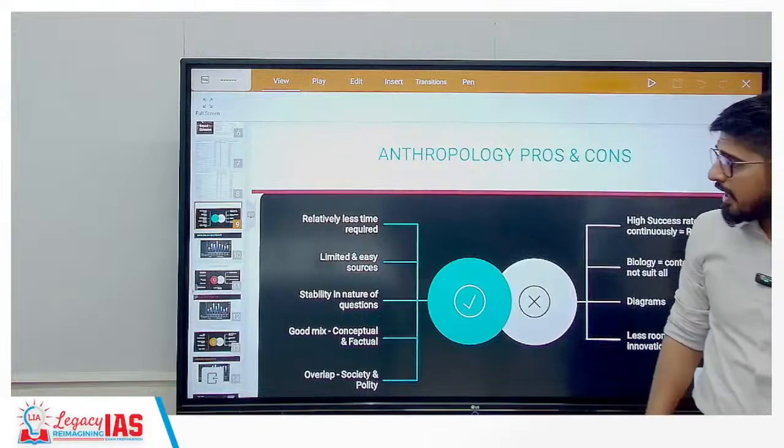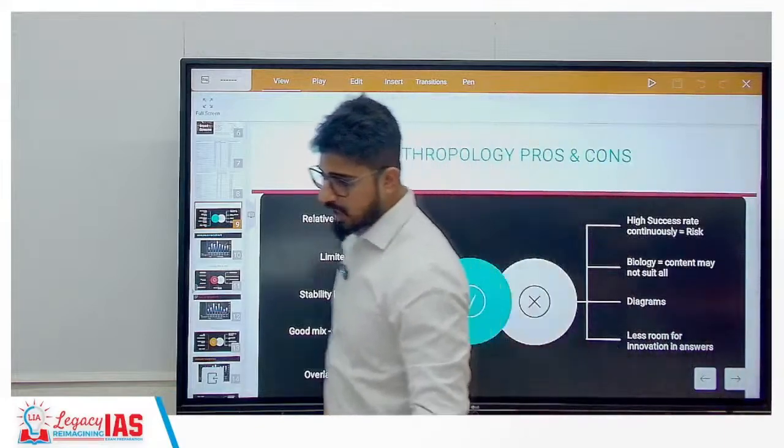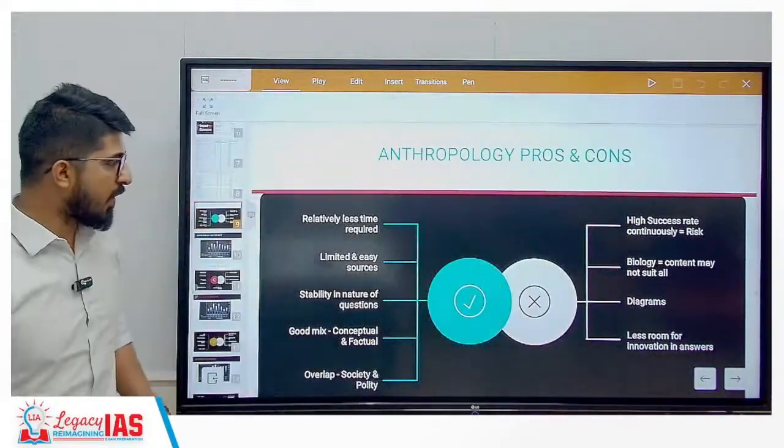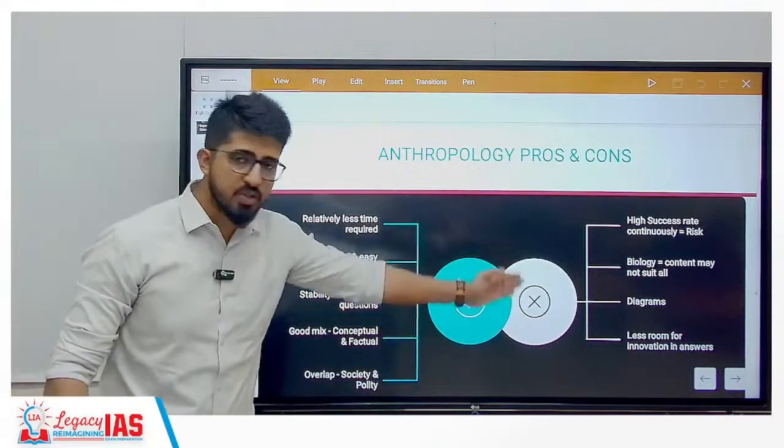First, we'll look at anthropology as an optional. What are the advantages and disadvantages? So you have the pros on this side, cons on that side.